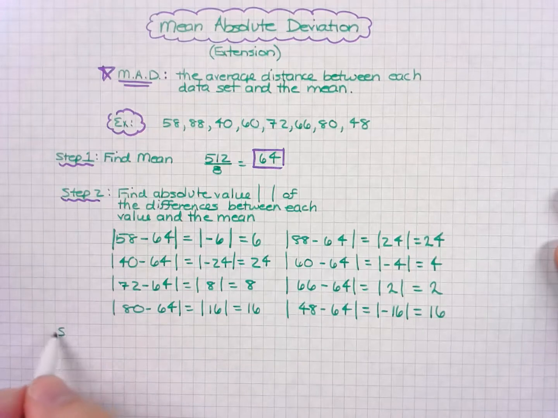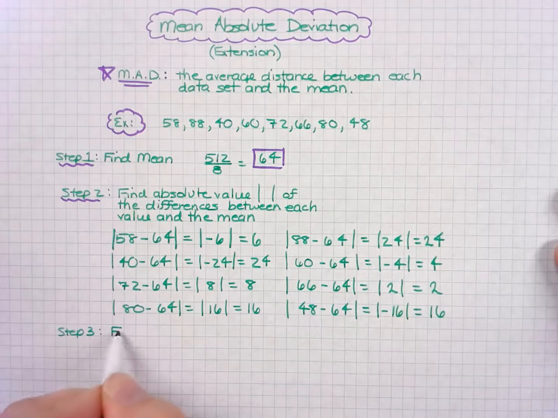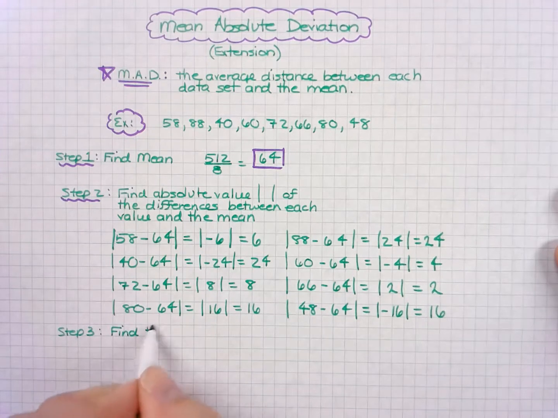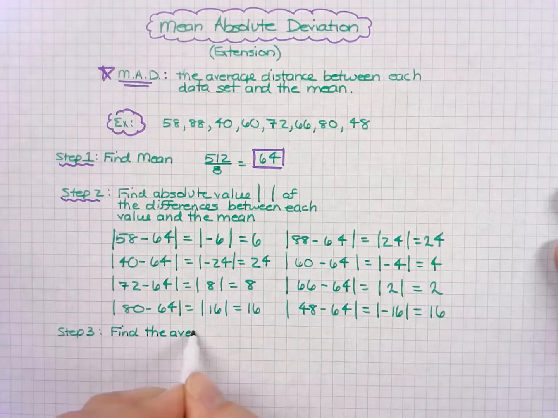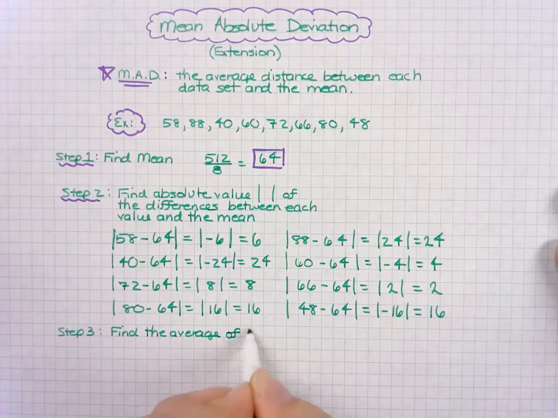Step 3, the final step, is to find the average of the absolute values.